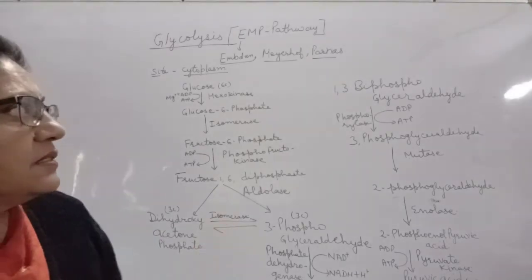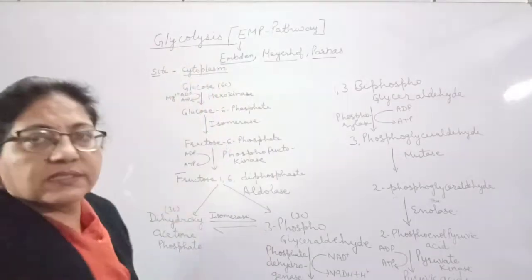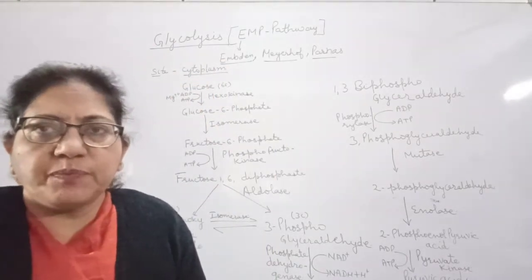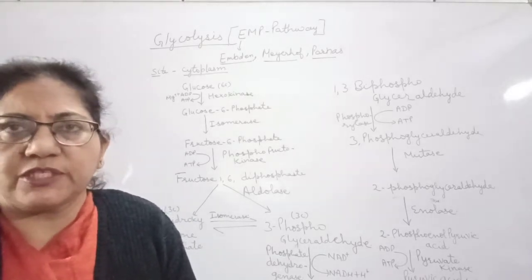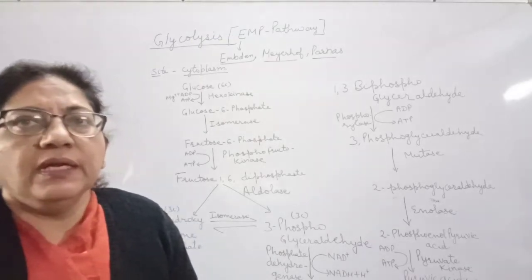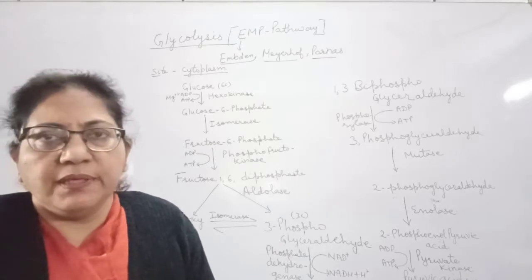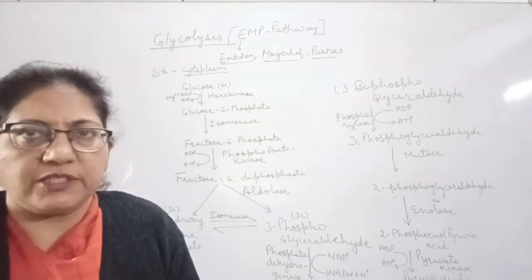In our session we will discuss glycolysis. In our previous sessions we discussed the types of respiration, in which we explained aerobic and anaerobic respiration, and the mechanism of respiration. Glycolysis is considered to be the common step for both aerobic and anaerobic respiration.